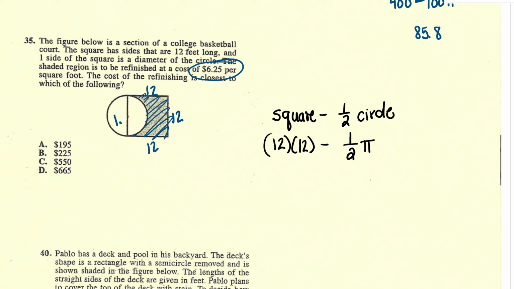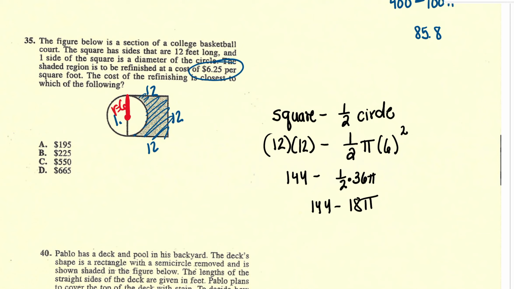If this whole thing is 12, then the radius is going to be 6. So 6 squared. So that's 144 minus half of 36 pi, or 144 minus 18 pi.